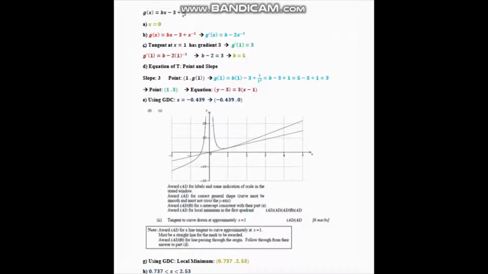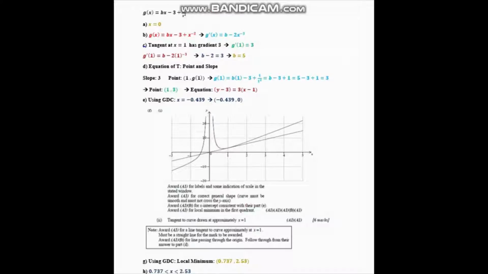So I need to get the y value when x equals 1. This corresponds to g of 1, and I've plugged the 1 into the original function. So I get b minus 3 plus 1, and we know that b is 5, so 5 minus 3 plus 1, which gives me 3.